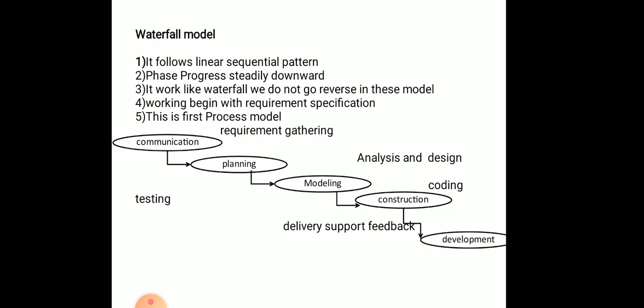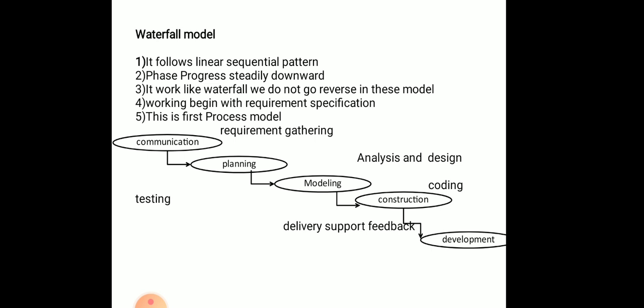Then next, modeling. Modeling means we analyze that data and design. In the modeling phase, we analyze the data and design it. Then next one is construction. In the construction phase, the actual coding is done.